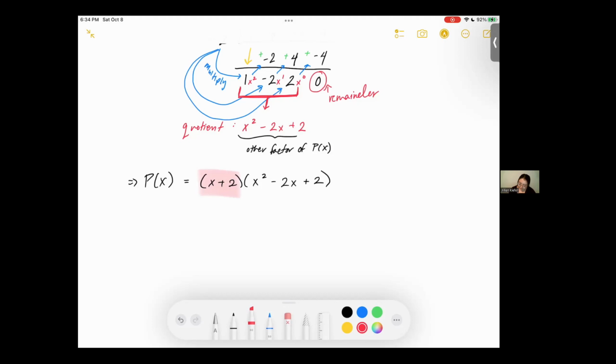So we need to break down this factor up into smaller factors. So for example, it would need to be x minus c sub 1 times x minus c sub 2. This is what we're looking for right now. So we need to break that up into smaller factors to get the complete factorization.